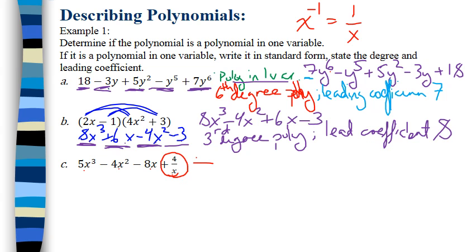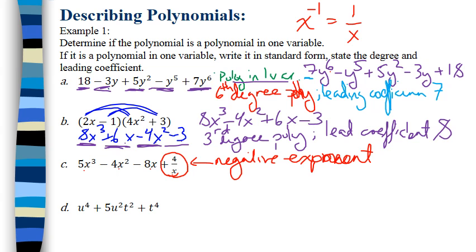So that means that this is not a polynomial that we can write in standard form. It is not a polynomial because it has a negative exponent. So we cannot write it in standard form.